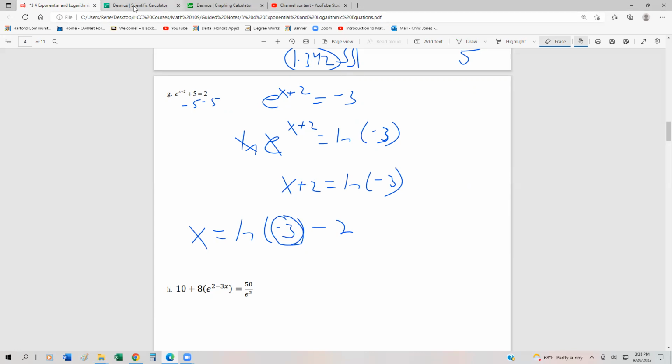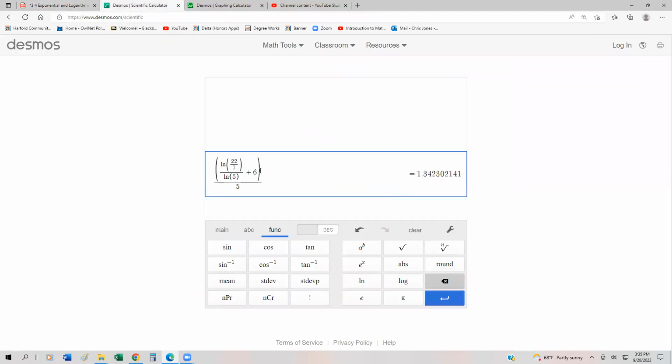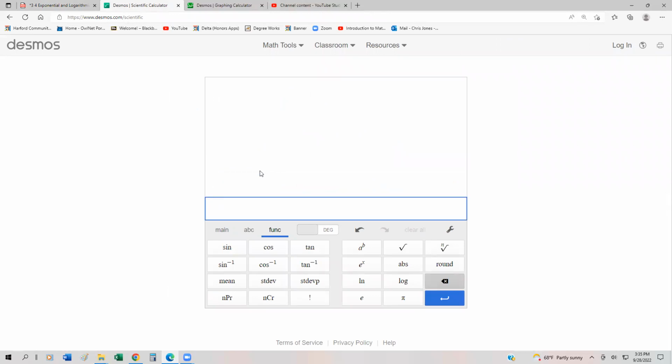And how do we check that? Well, we just go into our calculator, and we're going to try to get the approximation anyway. So if I go in my calculator and I try ln of negative 3 plus 2, notice it gives me undefined because this is not a real number.